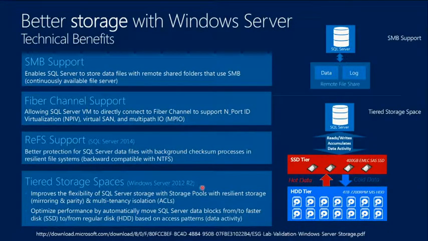I want to talk about tiered storage spaces, which is something that we're going to ship in R2 of Windows Server. You saw the demo, it increased the performance tremendously, right? But essentially, behind the scenes, if you look at the graph here, Windows Server will automatically move data blocks between your SSD tier and your regular disk tier, depending on the access pattern, right? Automatically, right? So let's say your SQL Server does data warehouse, right?